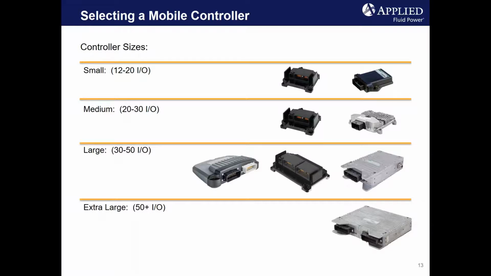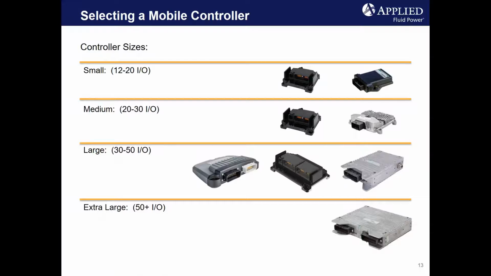So once you've gathered all your documentation and your I/O requirements, typically there are different categories of controller sizes. This slide displays a generalized sizing chart for mobile controllers. The I/O can vary slightly outside of these values, but this is a good ballpark.